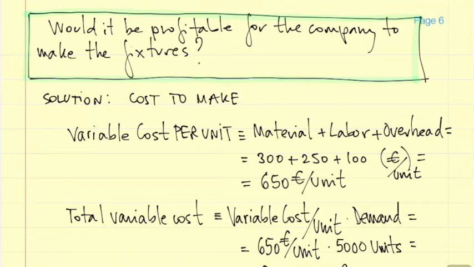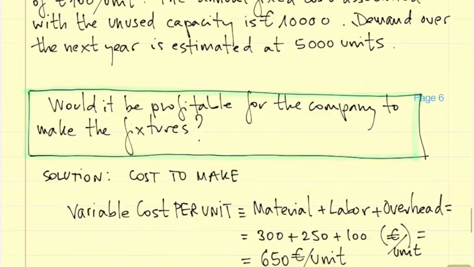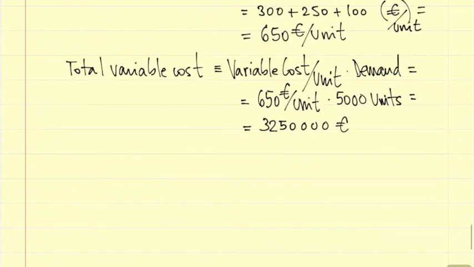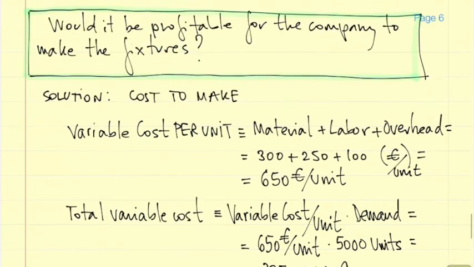So is that cool? I'm going to change this number to 1 million, okay? €1,000,000. So the total variable cost is 3,250,000.